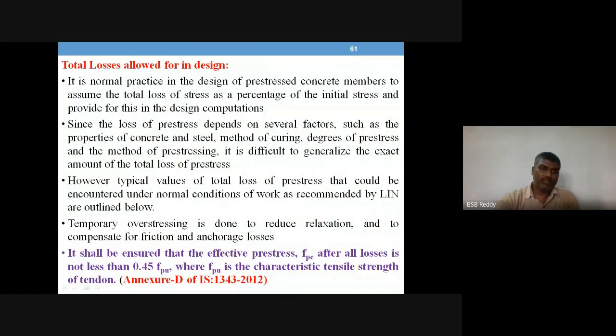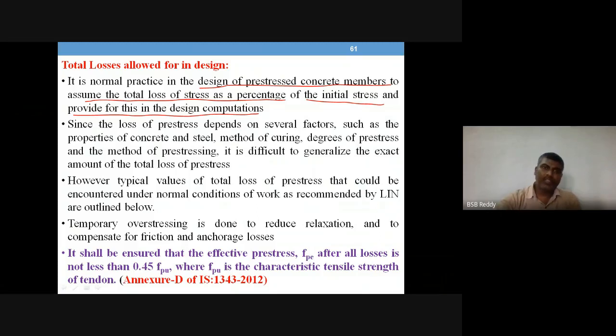Generally, as I just mentioned, in design of pre-stressed concrete members, you have to assume total loss of stress as a percentage of initial stress and provide this for design computations.